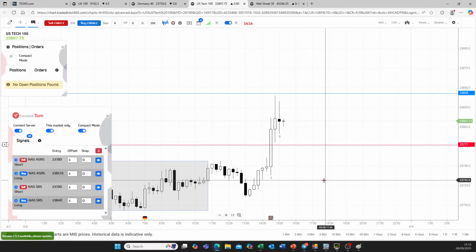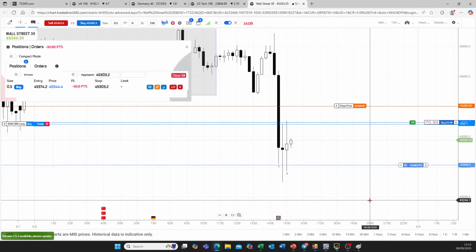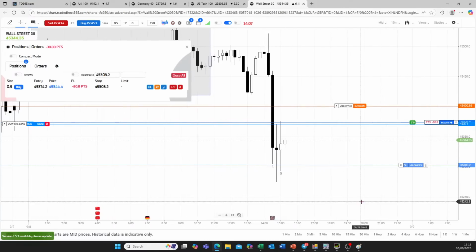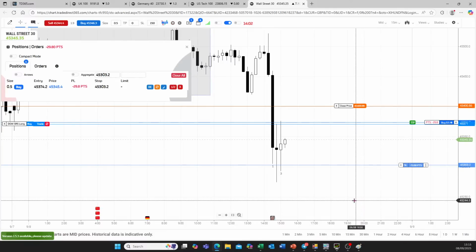NASDAQ is not doing anything. Maybe I did that the wrong way around. Maybe I should have sold short, but in half a size, and have that as a reference point. Maybe I'm a bit arse about.